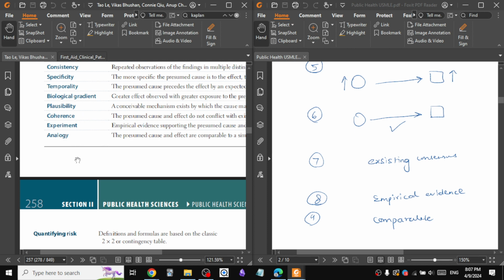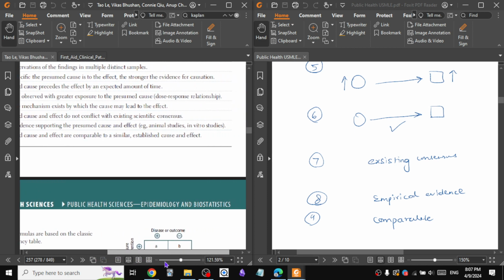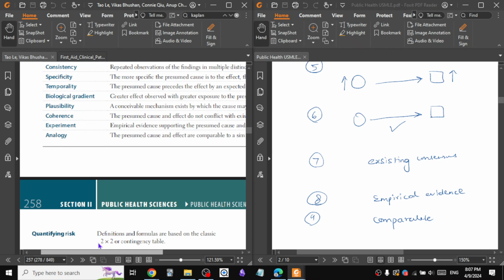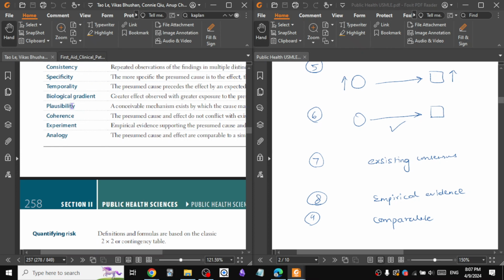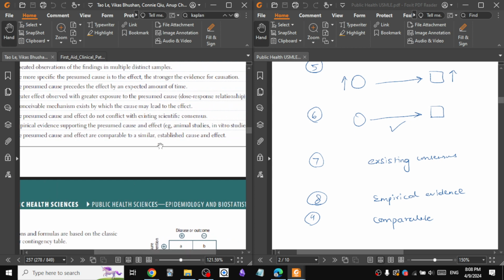Experiment: empirical evidence supporting the presumed cause and effect. So you have evidence of what you're trying to prove, or at least a defined mechanism. That falls into plausibility; this falls into experiment, into evidence. Analogy: the presumed cause and effect are comparable to a similar established cause and effect.